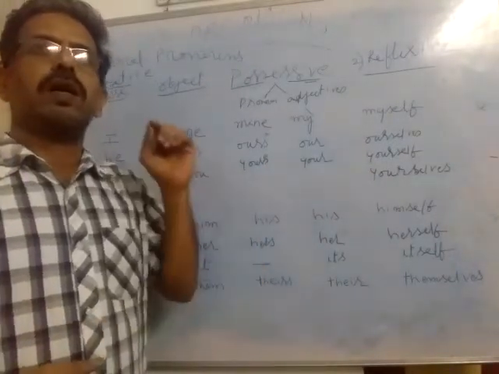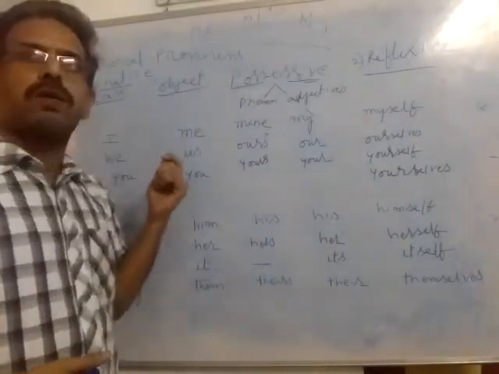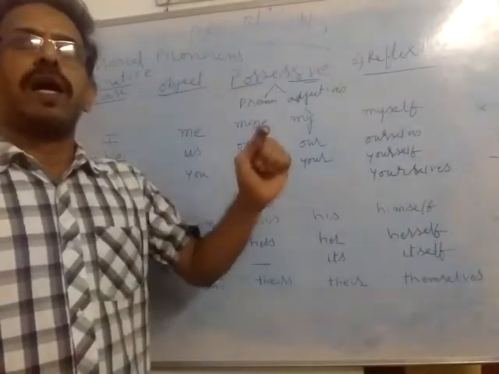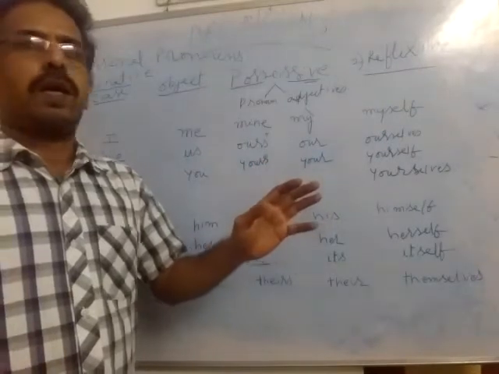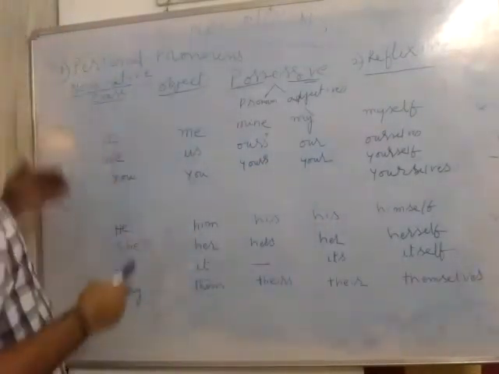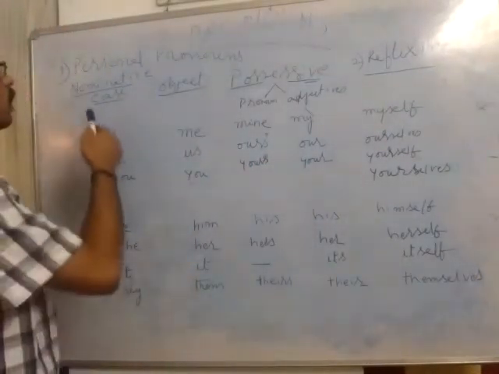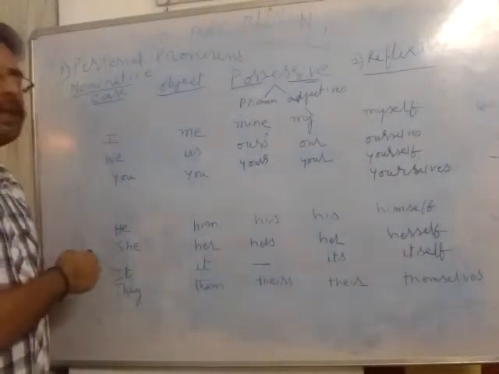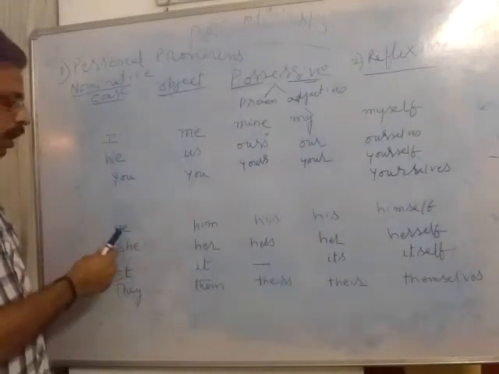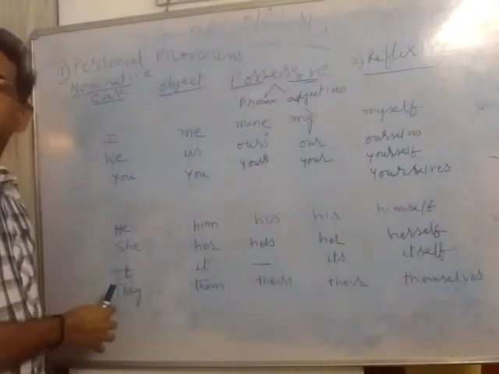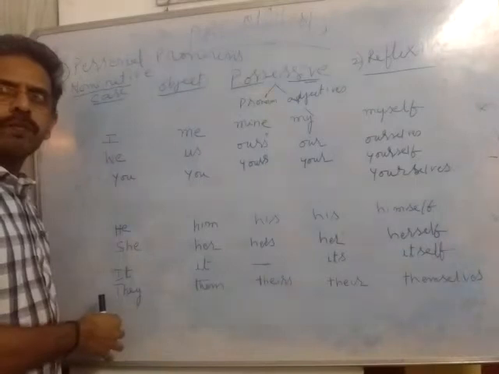That means you can use these personal pronouns instead of using that particular name or thing. These are the different kinds of personal pronouns. 7 categories are there: I, we, you, he, she, it, and they.